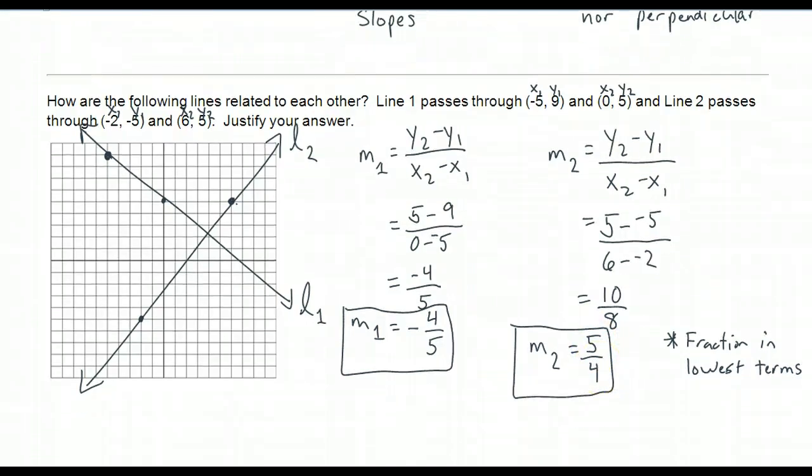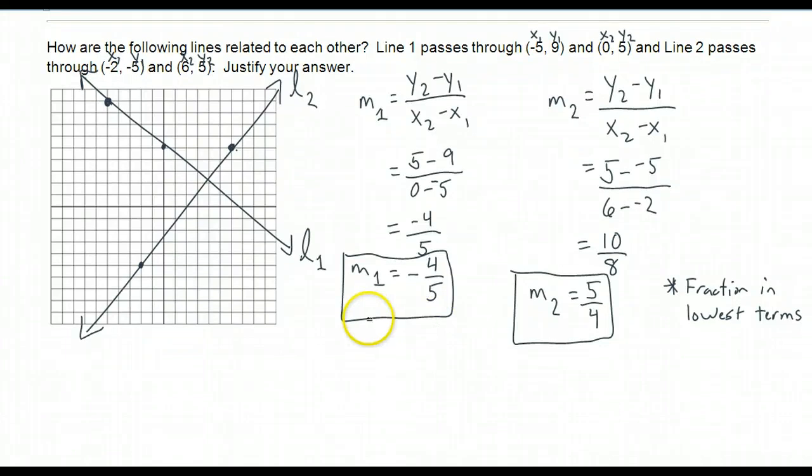So my conclusion. Well, it looks like line 1 and line 2 are perpendicular. To justify my answer, I need to show my work and find the slope of each line, and then come to my conclusion. These slopes are opposite. One is negative and one is positive, and they're reciprocals. The reciprocal of 4/5 is 5/4.